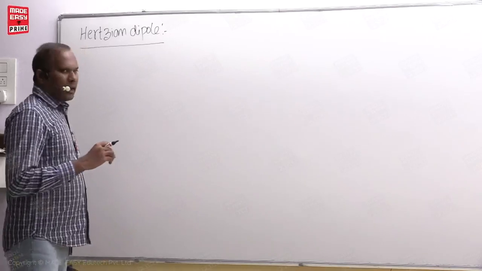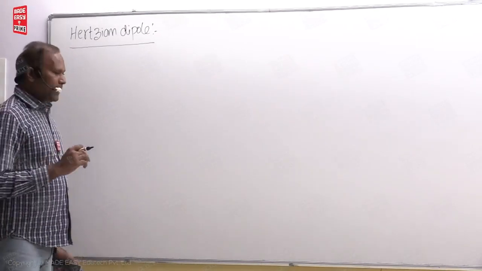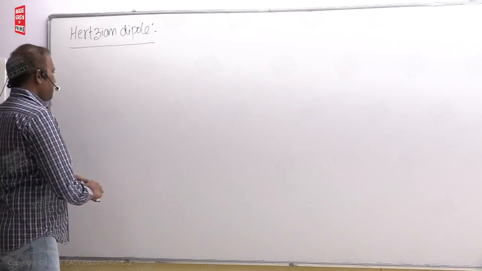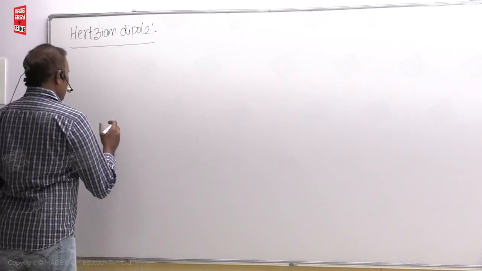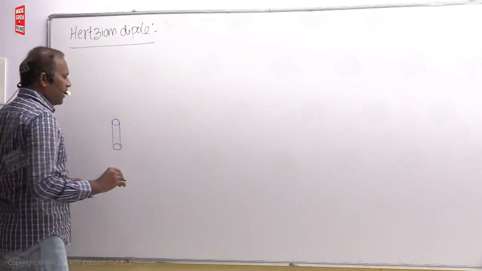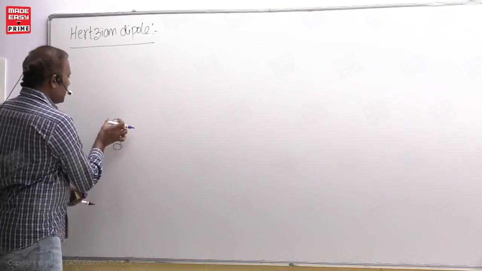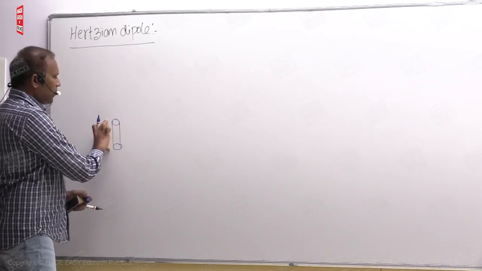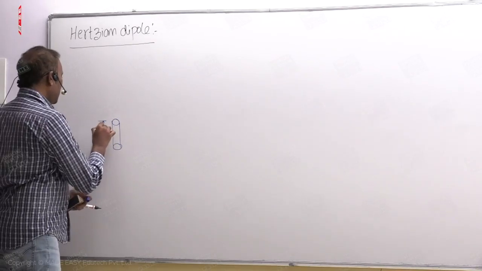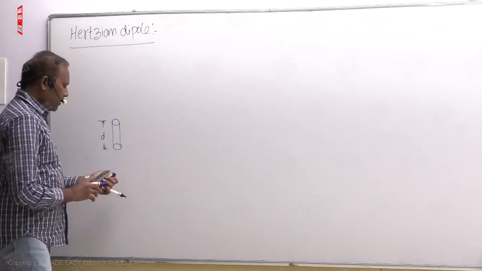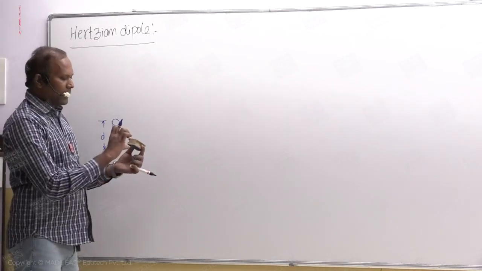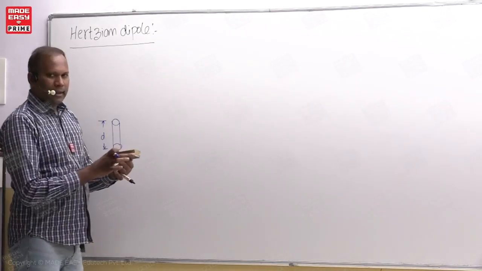Now, what else is required for examination? For example, if this is the Hertzian dipole, then this is a diameter, this is actually a height, then the largest dimension is called d here. For example, if this is the antenna, this is width and this is height, this is length.